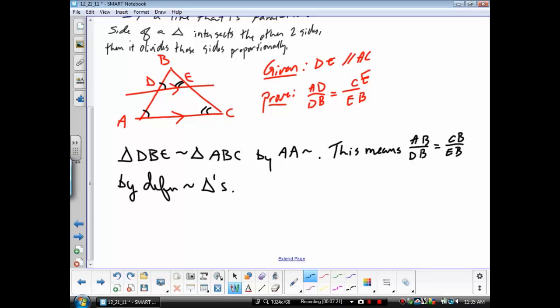Now what I can do is think of AB as AD plus DB. So what I have is AB, or AD plus DB, is to DB as, and I can think of CB as CE plus EB.